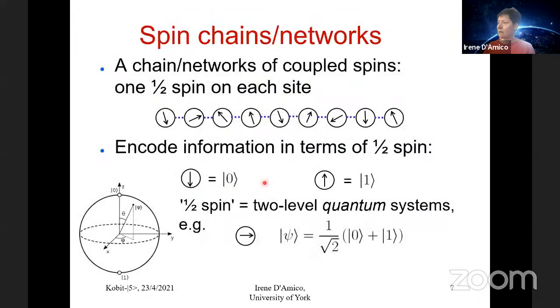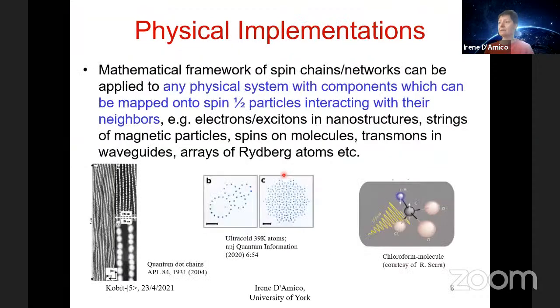The nice thing about this type of spin network is that, as a mathematical framework, it can describe very many different physical systems. For example, it could describe electrons or excitons within quantum dots, coupled, for example, by spin-spin interaction or by exciton-exciton direct or exchange interaction, so dipole type of interaction.